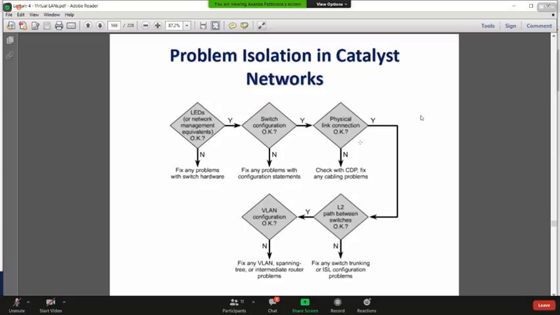Next time just focus on it and you will notice it when we do the practical, right? So, the L2 path between the switches, okay. Then VLAN configurations are okay. After that, everything is settled. These steps are for beginners, but I think you follow all these steps implicitly when you find a problem, right? Without focusing, you are just using them.